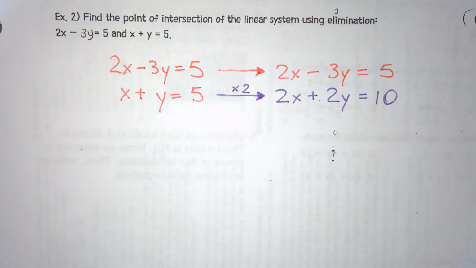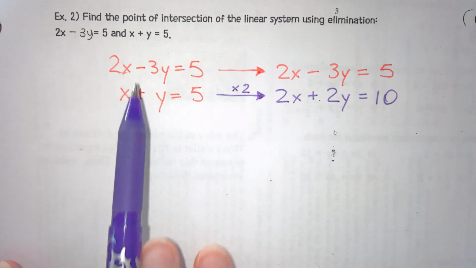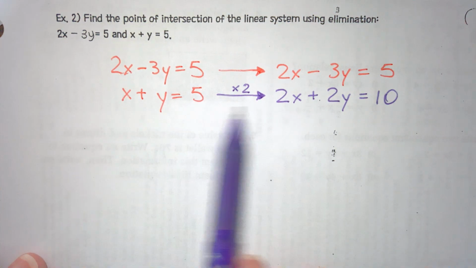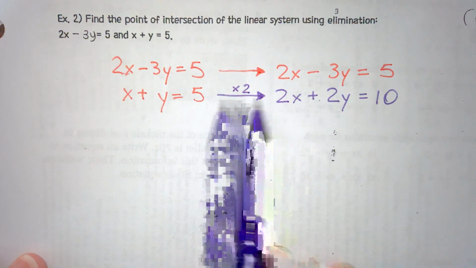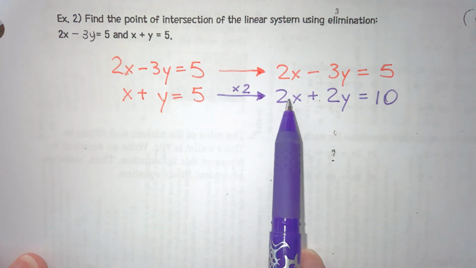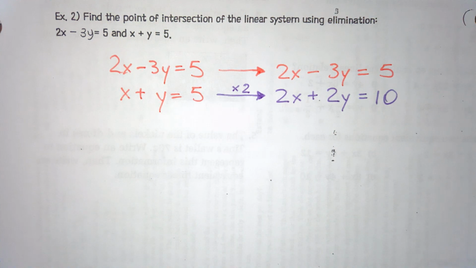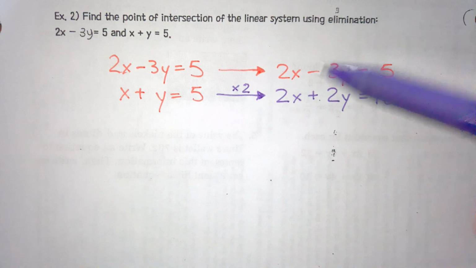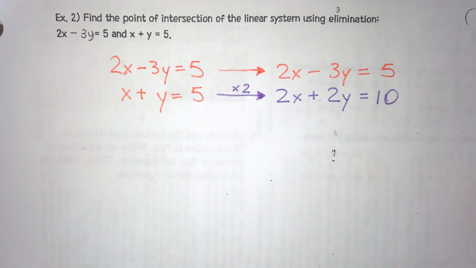Okay, so what I did was I multiplied this whole equation by 2 so that the coefficient will match. So to get rid of the 2x, should I add the equations or subtract the equations?